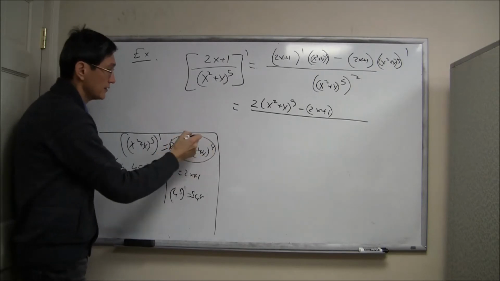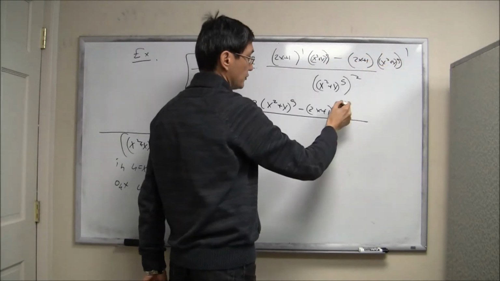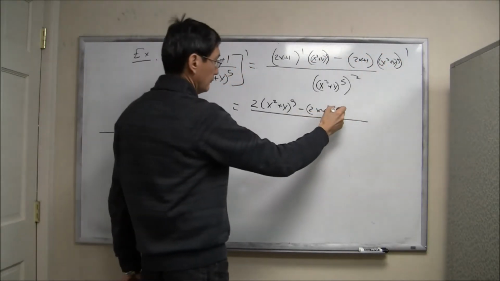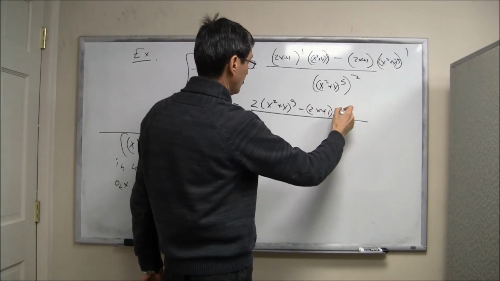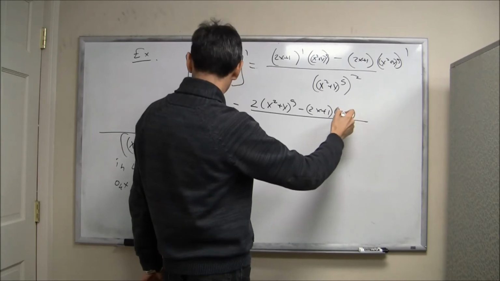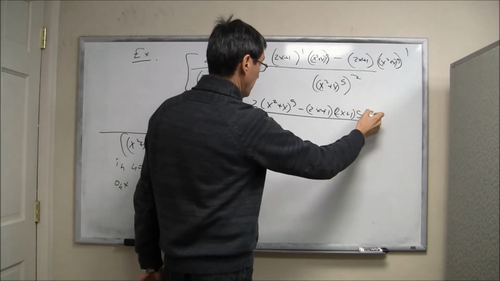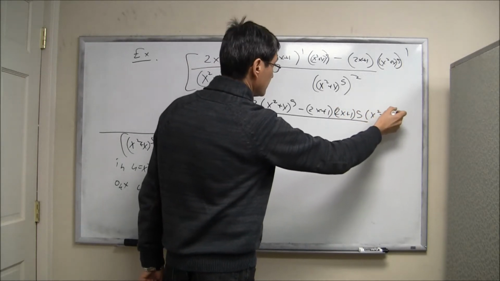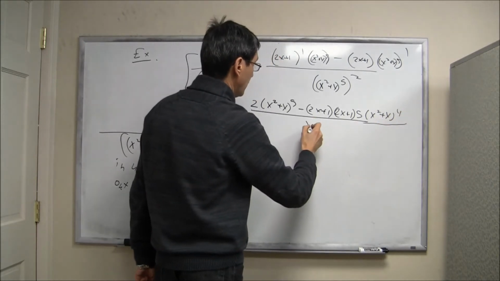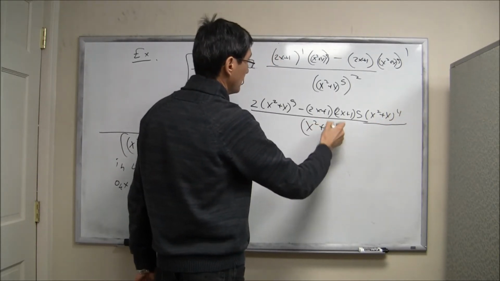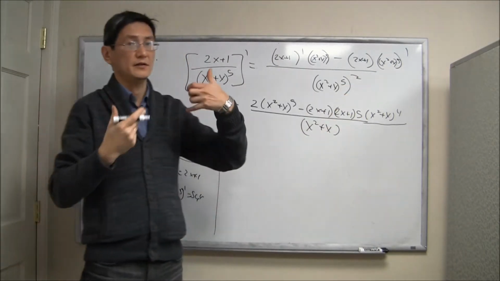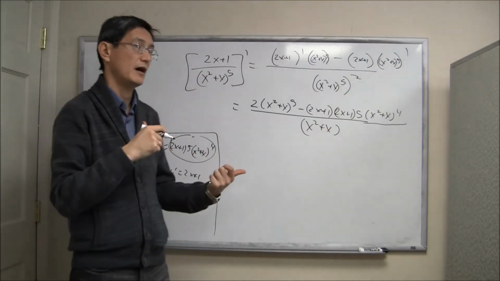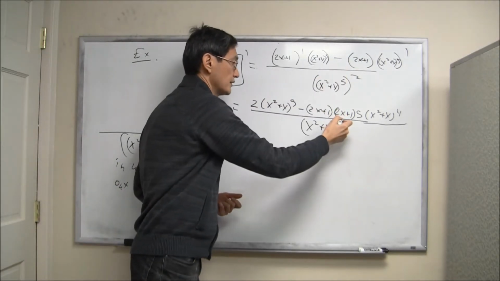So I'm going to plug in instead of u: 2x plus 1, 5, x squared plus x to the fourth, over x squared plus x raised to 5, and then raised to the second power, so we have 5 and 2, and 5 times 2 is 10.